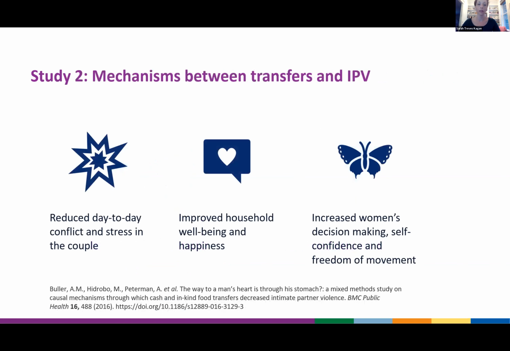And when they conducted their qualitative data, they conducted a mixed methods analysis and found that the three main mechanisms through which this reduced IPV were a reduction in day-to-day conflict and stress in the couple, improved household well-being and happiness, and increased women's decision-making, self-confidence, and freedom of movement.